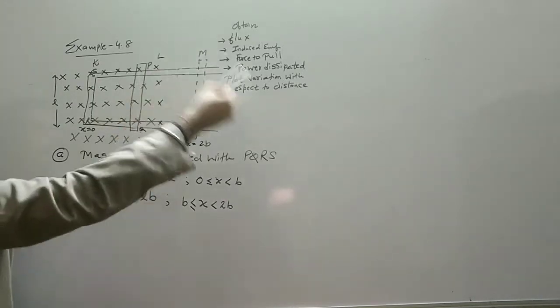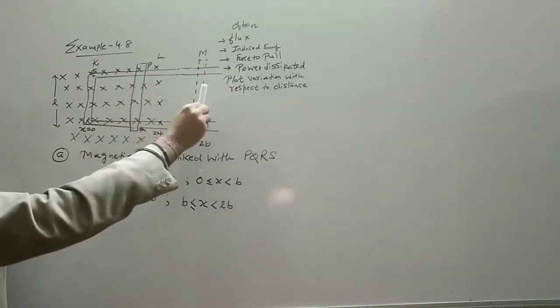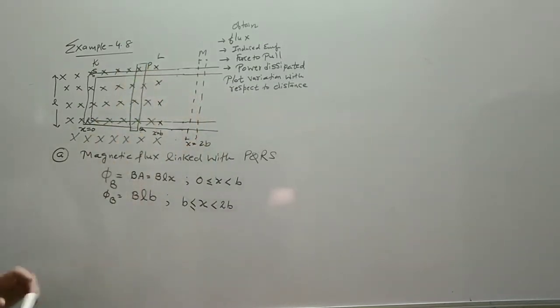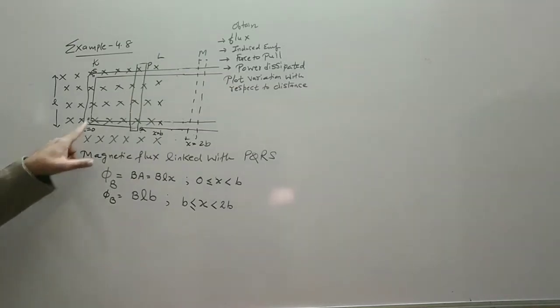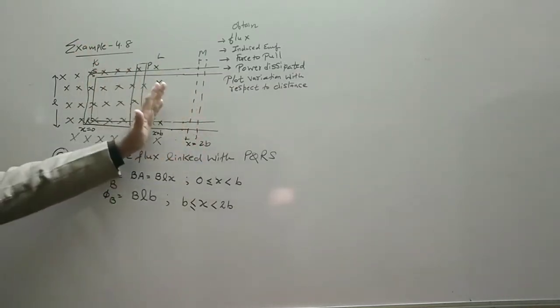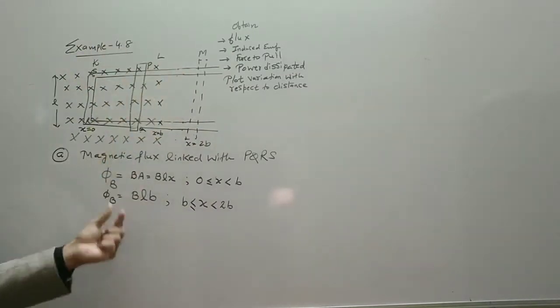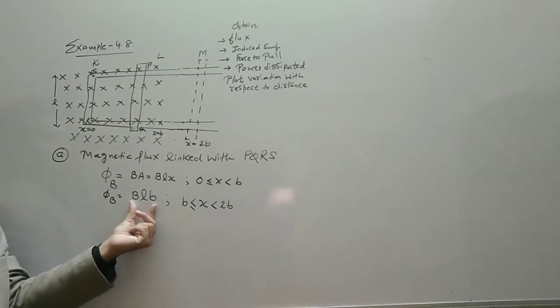BLb. Beyond that, 0. By moving the rod, the magnetic field lines do not disappear. So if I move from 0 to 10 meter, there will be flux up to 5 meter. Thereafter it is 0. So the flux remains constant for 5 meter.